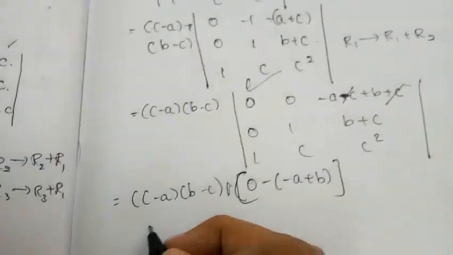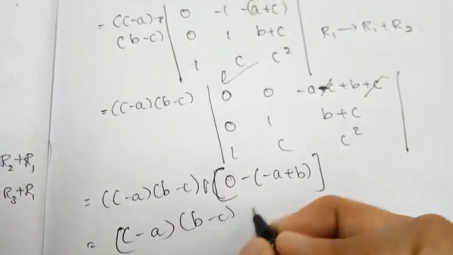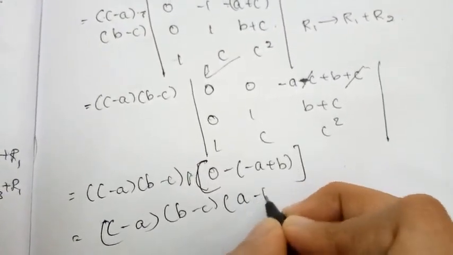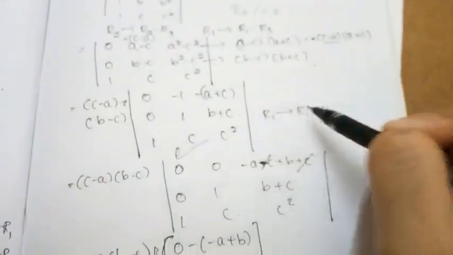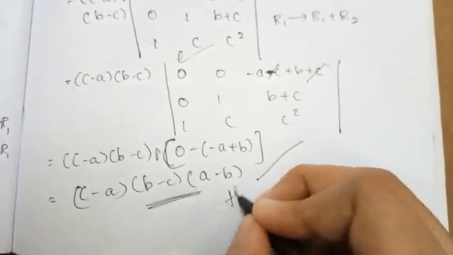That is nothing but c minus a, b minus c, minus of minus plus, so a minus b. You can check what was required: a minus b, a minus b, b minus c, b minus c, c minus a, c minus a. So we got the RHS, hence proved.